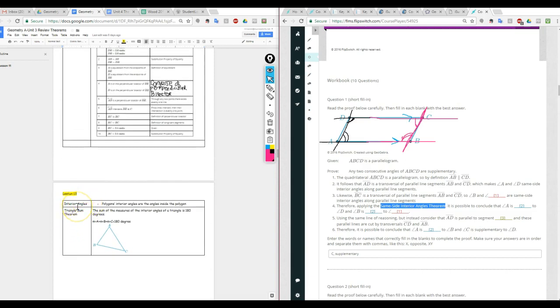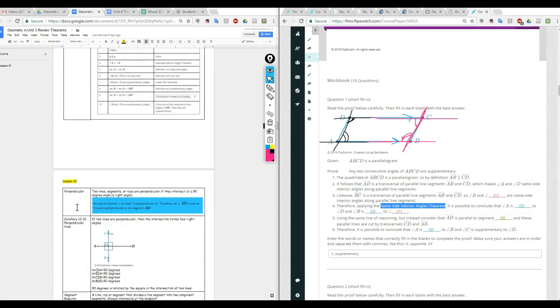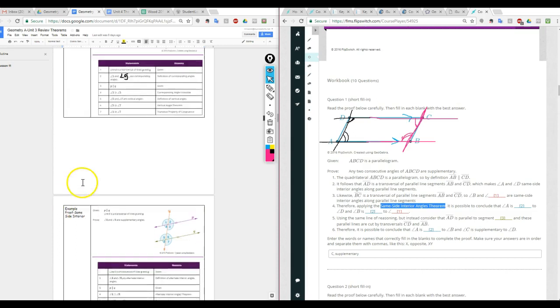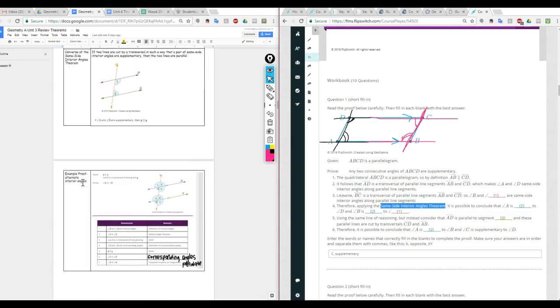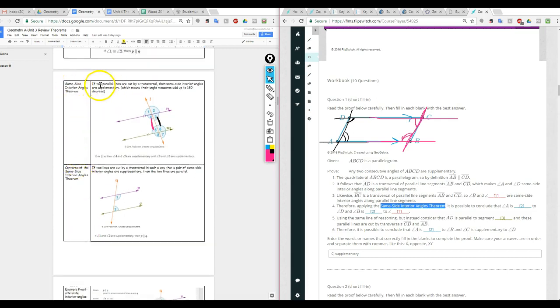So we have interior angles. Maybe I skipped it. Oh, okay, same side interior example proof. So it's coming up. Alright, so same side interior angles: if two parallel lines are cut by a transversal, then the same side interior angles are supplementary. So yes, we were right.